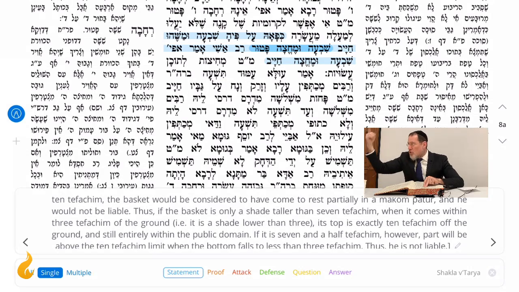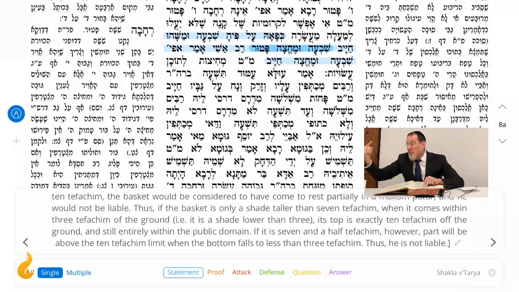If the keli is so tall that even only some of it is protruding above the domain, you'll be patur. And even if that's true only for a moment, because this keli that's landing, after it lands b'metzius, all of it is under 10. It's 7.5, which is less than 10. But since as it halachically landed, at the beginning of the landing, when we said it's 2.9 within the ground, at that moment the top of this upside down basket was above 10. You're patur.